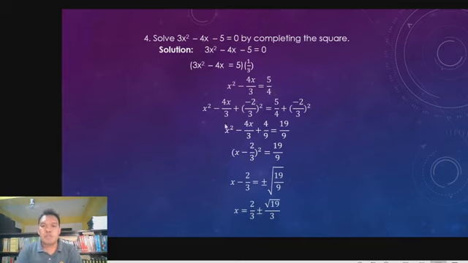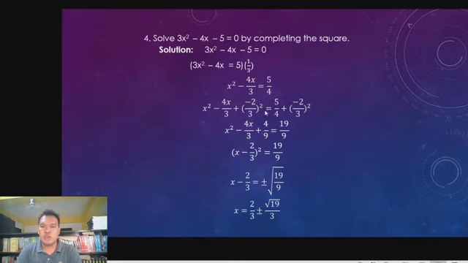Therefore, lalabas, we have x squared minus 4x over 3 plus b over 2. So, we have 4 over 3 divide 2. So, lalabas yun ay negative 4 over 3 divide 2. So, magiging 2 over 3 na lang po siya. So, negative 2 over 3 ito.